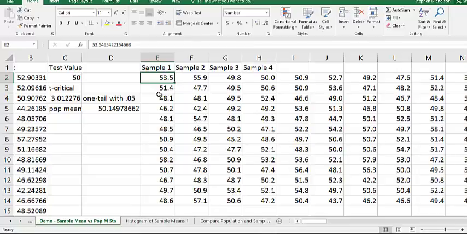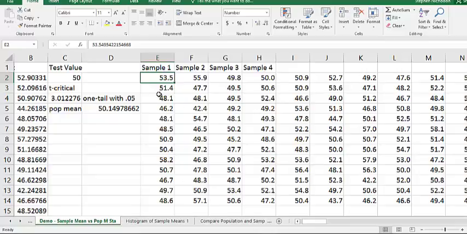The mean's about 50. The maximum is 53.5. The minimum is 46.2. But you've got 6 that are above the mean, and 7 below the mean. If you look at all of these different samples of 13, about half of them are above the mean and half below the mean.